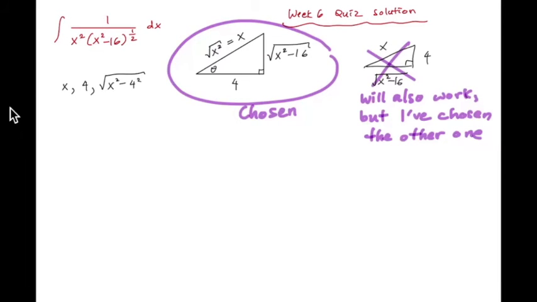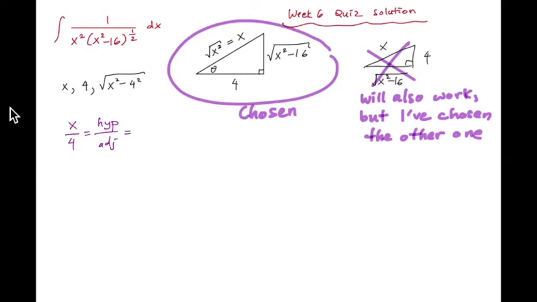And first, my goal is to compute what dx should be in terms of theta. So first, I need to figure out what x should be. I look for the side of the triangle that contains something times x, and I see that is the hypotenuse. And then I look for another side that is just a number, and that is 4, and that's the adjacent.